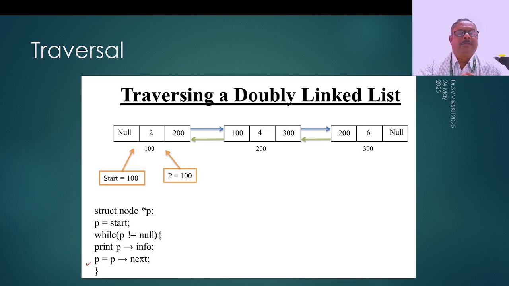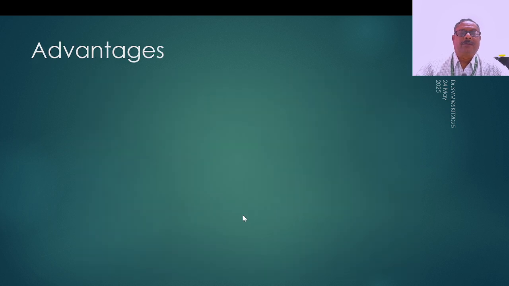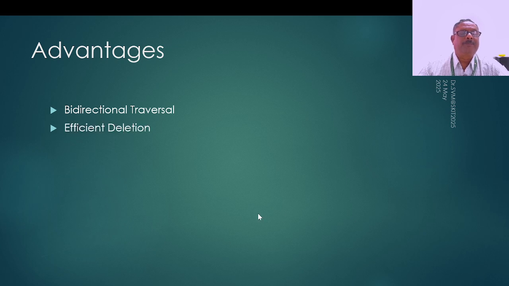So that's it about the different methods available for doubly linked list. The advantages, let's look at what advantages we have for this. So one thing is, as just discussed, bidirectional traversal is easily possible.